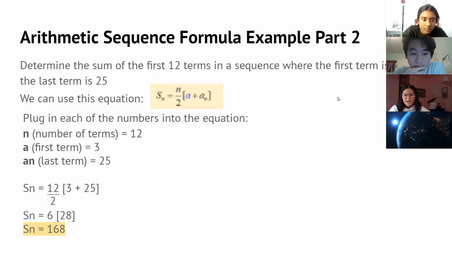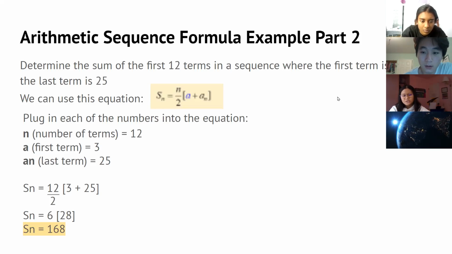When you see an a like this, where the n is a little small one at the very bottom, that's referring to the nth term, the value of the nth term. So we plug in the numbers: first 12 terms, so n is 12. That's the number of terms we're supposed to be using. Our first term is 3, and an is, of course, the 12th term, or the last term in this case, so 25. We plug it in, and you get 168.